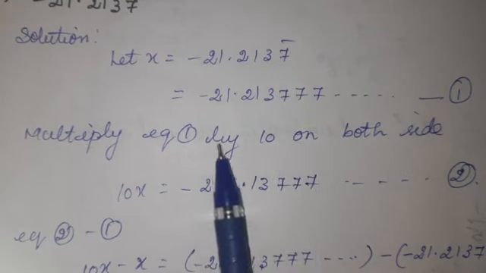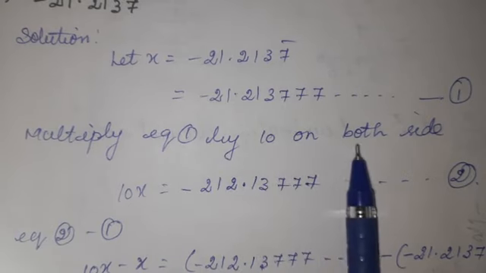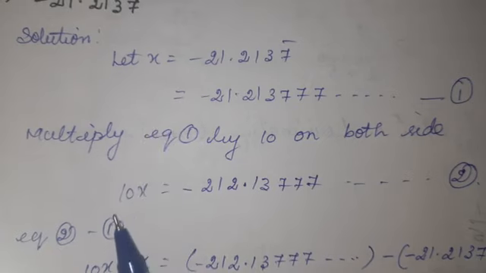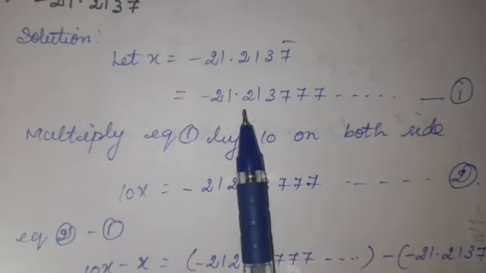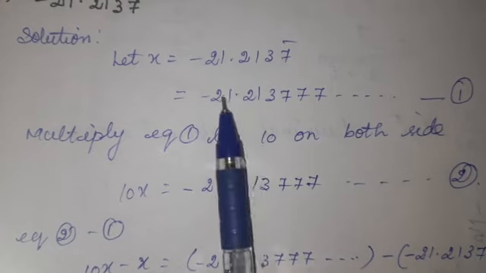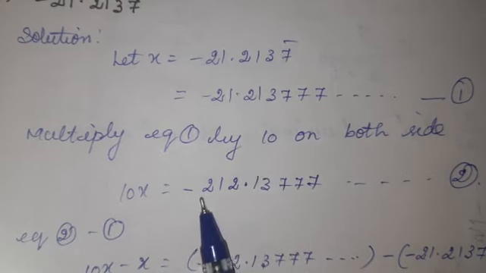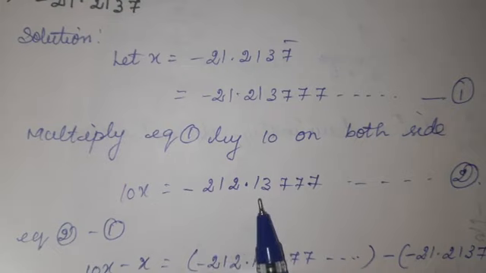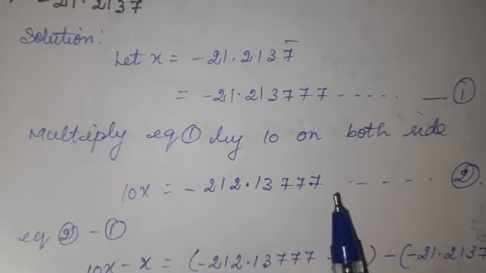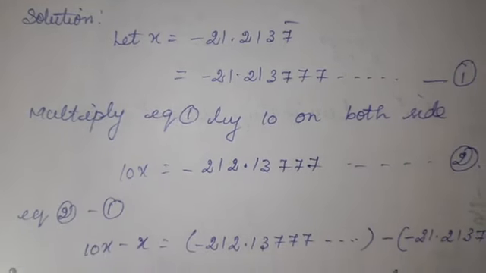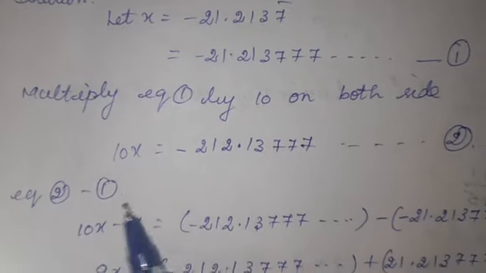So I multiply by 10 on both sides. When I multiply x by 10, you will get 10x is equal to, and on the RHS 1 digit will move, because I multiplied by 10. So here you will get minus 212.13777 etc. You mark it as 2. Next, equation 2 minus 1.